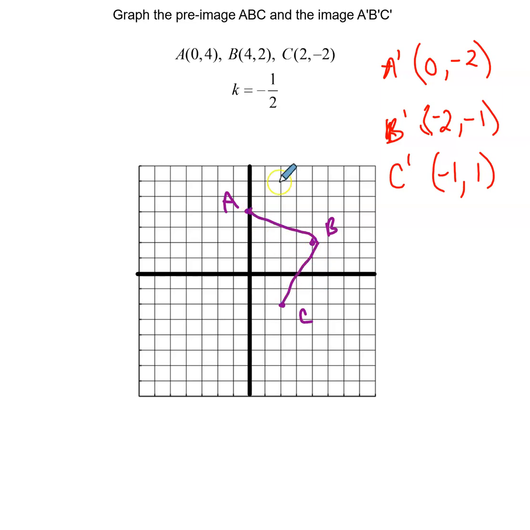So this is our original triangle, the pre-image. And then the image, A prime is (0, -2), B prime is (-2, -1), and C prime is (-1, 1). And that's our new dilation. That's our new shape.